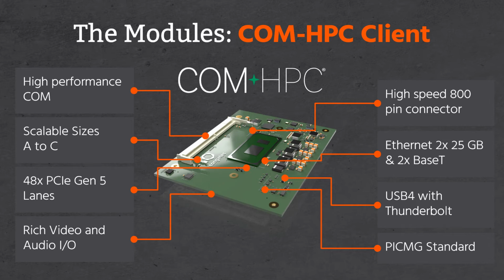New serialized audio is implemented. All interfaces are brought up on these 800 pins, so a lot of headroom for extensions, even for the future. And it does support up to 2 times 25 gigabit Ethernet plus 2 Base-T Ethernets. So a lot of connectivity, but of course it also supports USB 4 as the highest performance USB implementation nowadays.